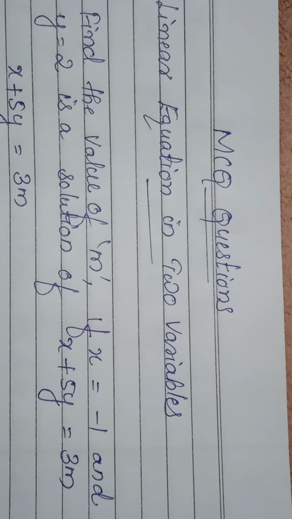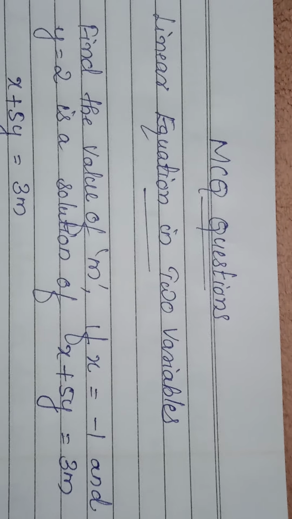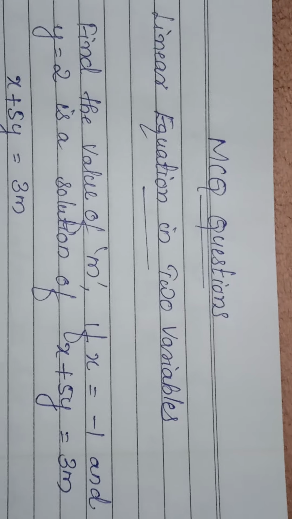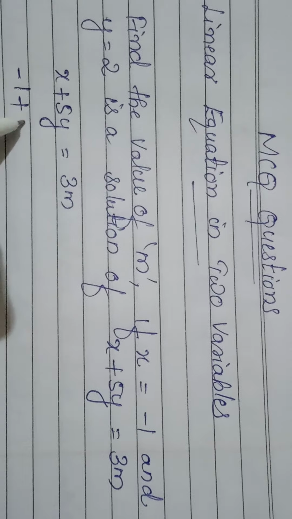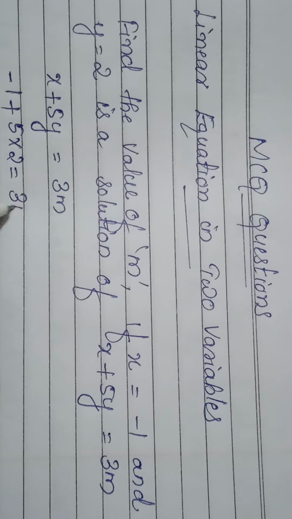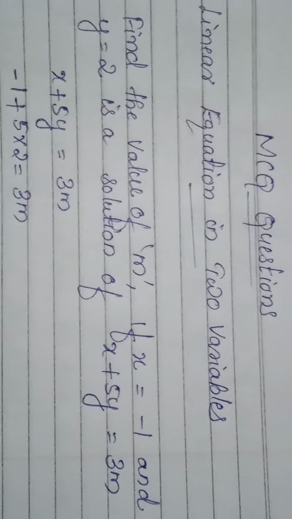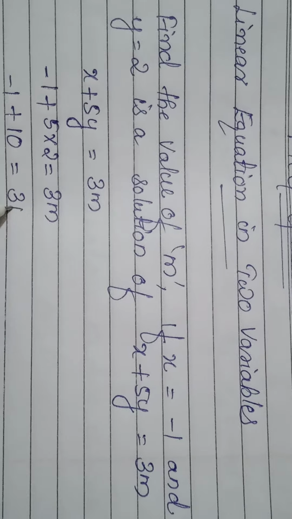So we should substitute the value. x is equal to -1. So -1 plus 5y, that means 5 into 2, equals 3m. Then -1 plus 10 equals 3m.